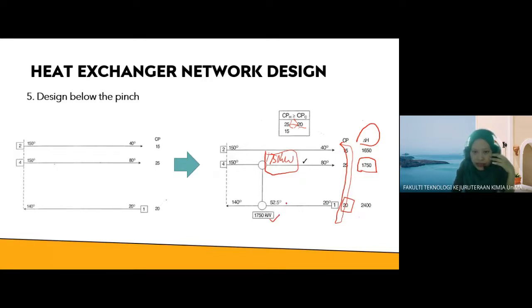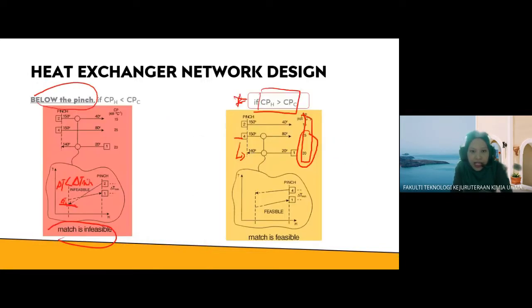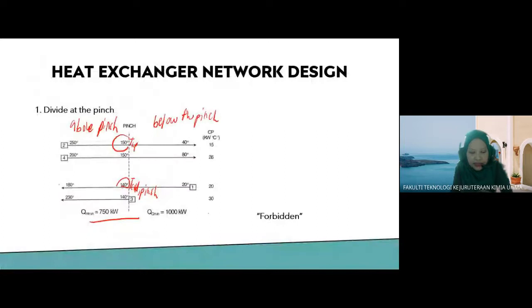And then, okay, because the requirement is 2,400, right? So you subtract 2,400 minus 1,750. So you need an additional 650 kilowatt more. But what is the external utility? External cooling utility, QC min. QC min is, sorry, 1,000 kilowatt.